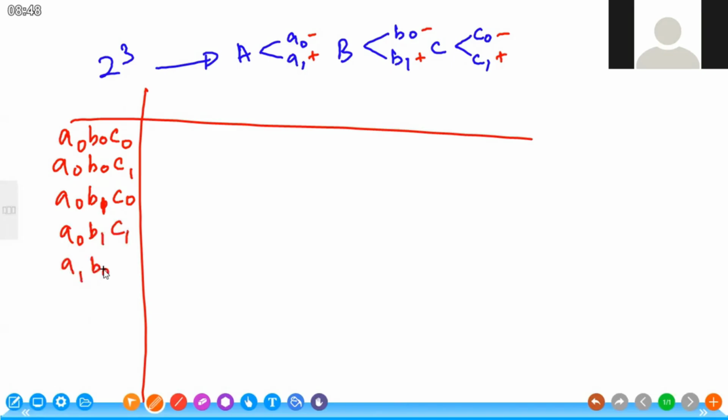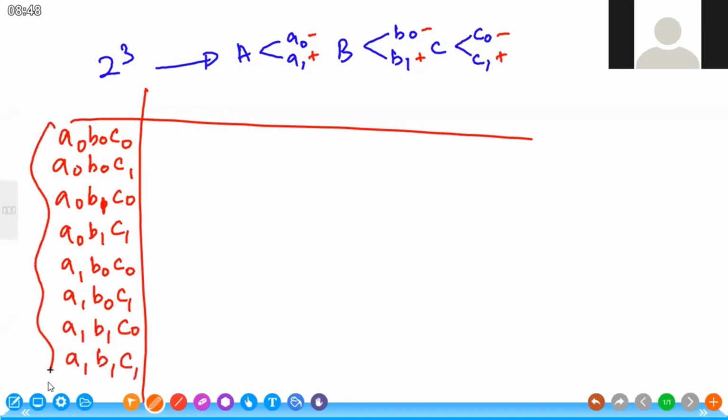A1, B naught, C naught. A1, B naught, C1. A1, B1, C naught. A1, B1, C1. You see, all 8 combinations are there. This is the total number of combinations. So we have 8 combinations.